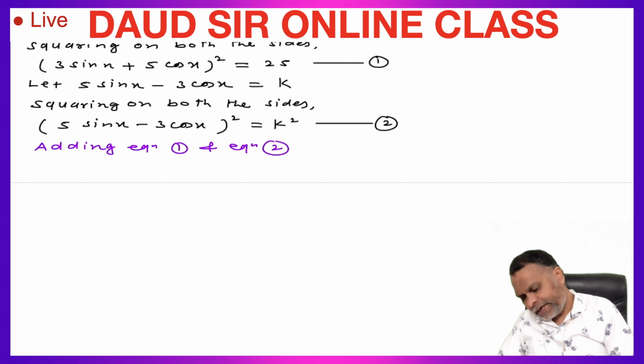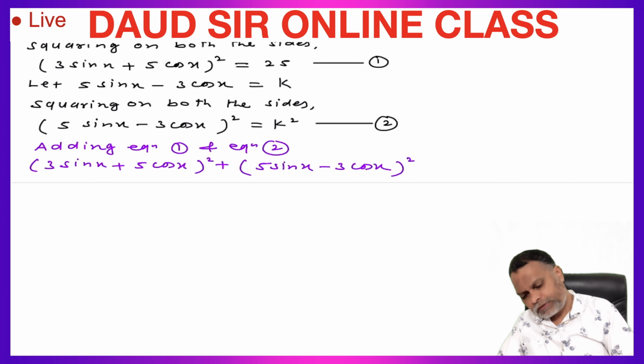Add left side: (3 sin x plus 5 cos x) whole square plus (5 sin x minus 3 cos x) whole square is equal to 25 plus k square.